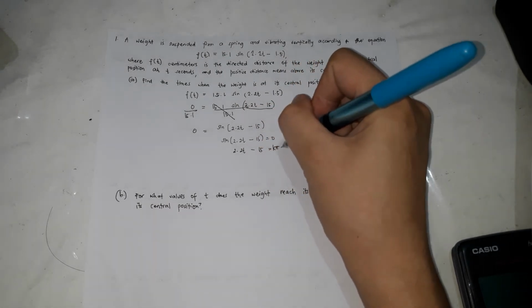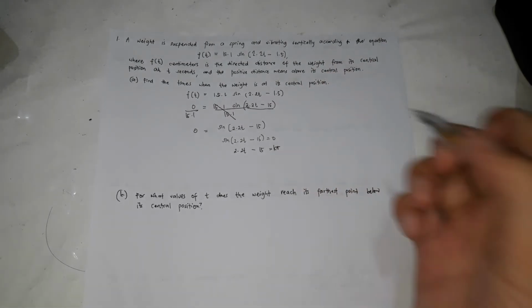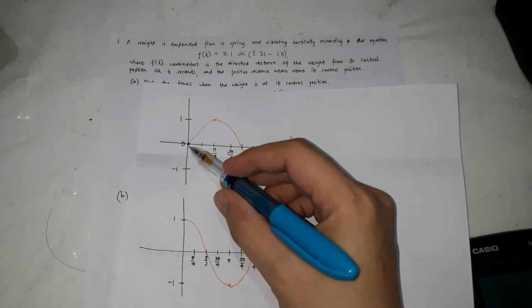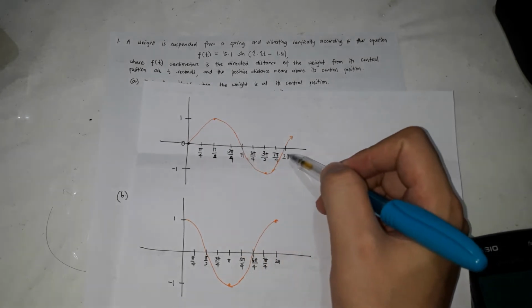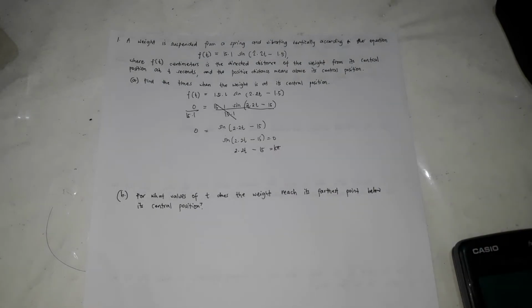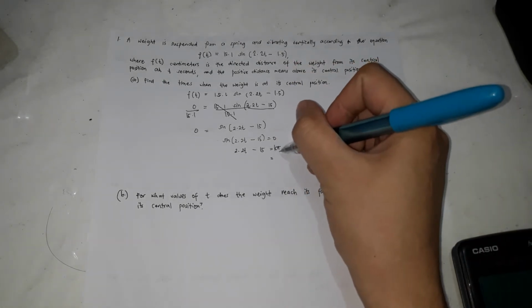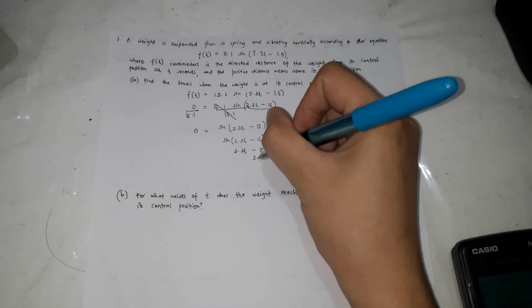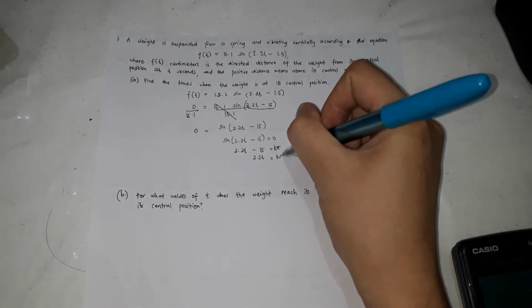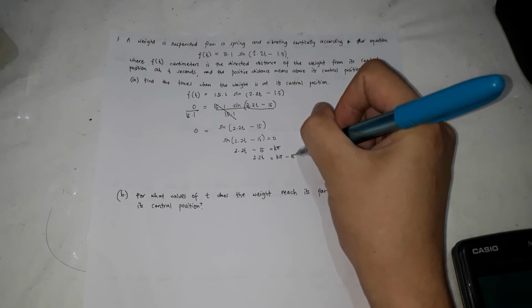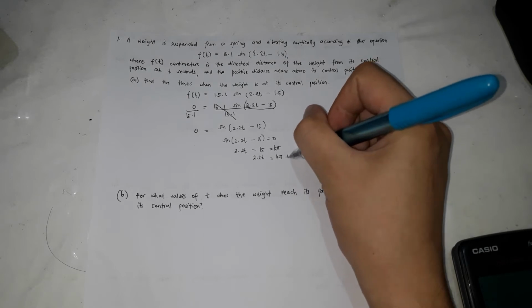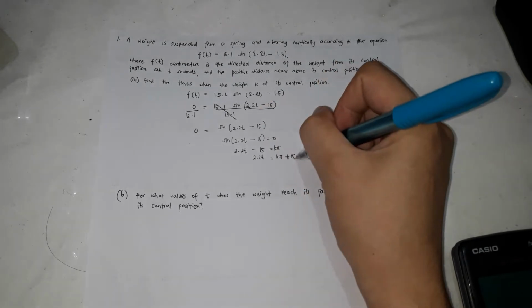Actually, it's k pi, because if you take a look at it: 0, pi, 2 pi, 3 pi, 4 pi, that's k pi in short. So 2.2t is equal to k pi minus 1.5. The minus will become plus.